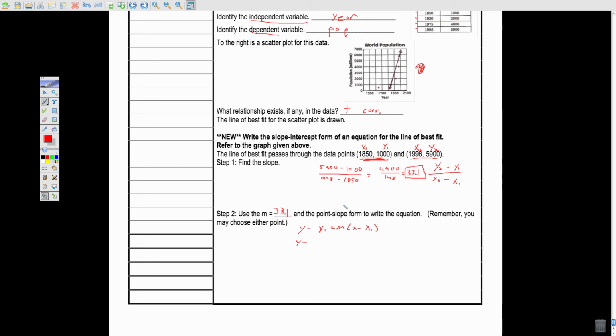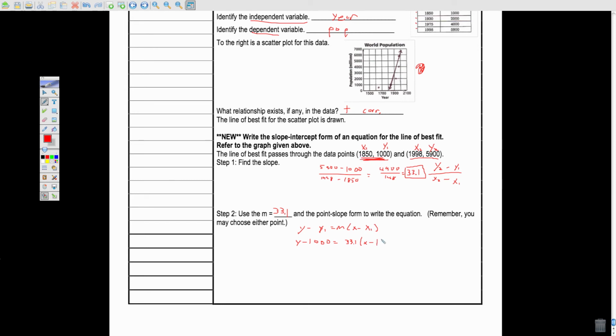So what we're going to do, we're going to say y minus, our y1 is the y-coordinate, that is 1,000. So y minus 1,000 equals the slope, which we said was 33.1, times x minus the x1 coordinate.